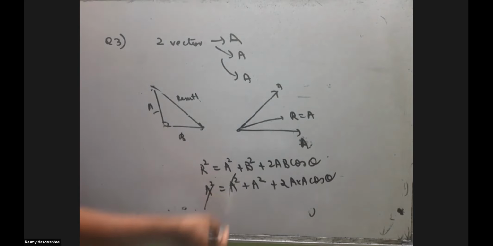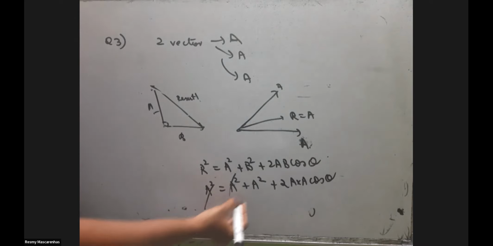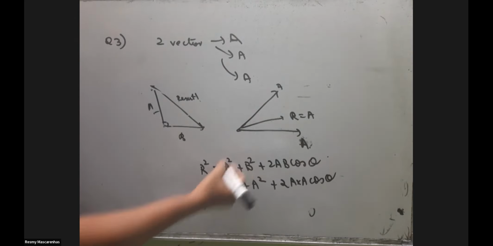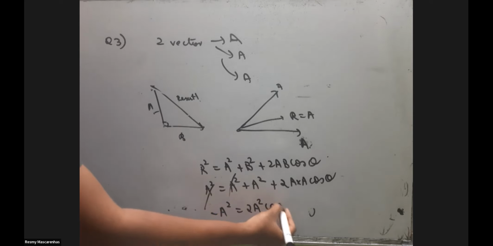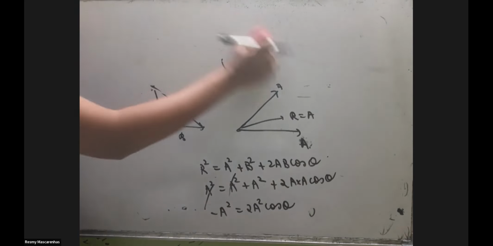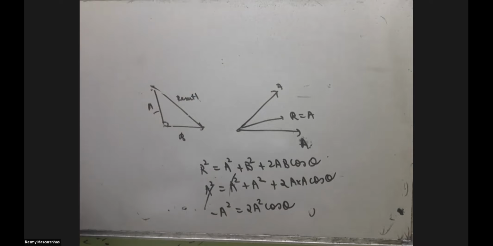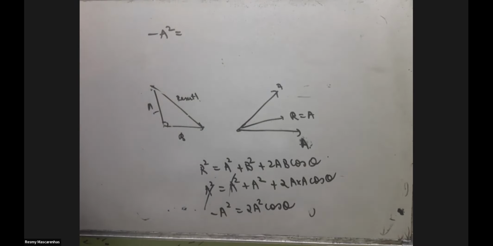A square will cancel because if you bring this side it will become minus A. Again this one you bring, it will become minus A square. Just you bring down.